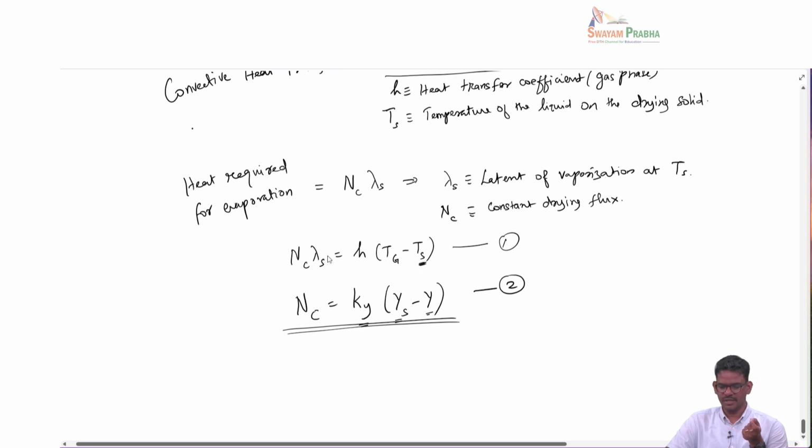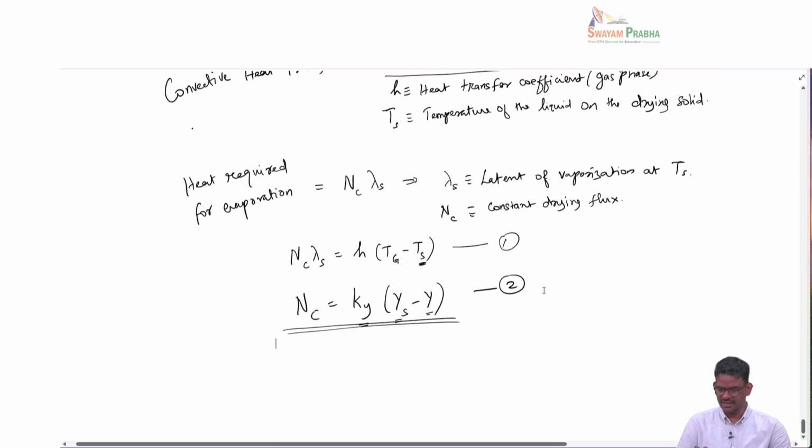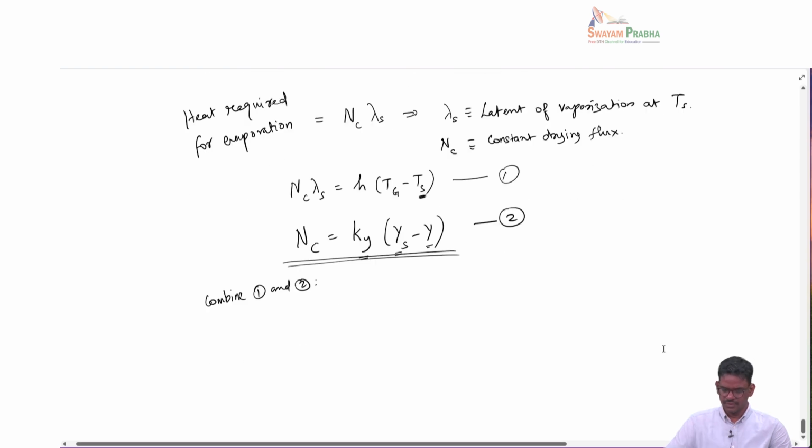So let's combine 1 and 2. Then I have Ky times Ys minus Y is equal to h by lambda s times Tg minus Ts. So this is equation 3.